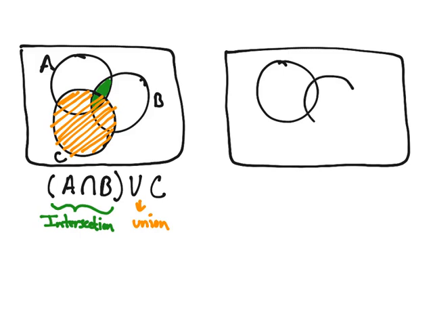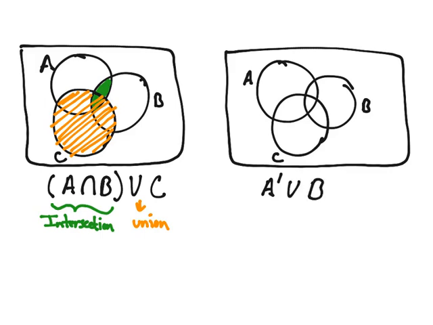And we're going to use the same three regions. This time I want you to shade in the union of A complement and B. Let's go ahead and do the complement of A. That means we're going to shade everything, every area except A. And we can do that in green.